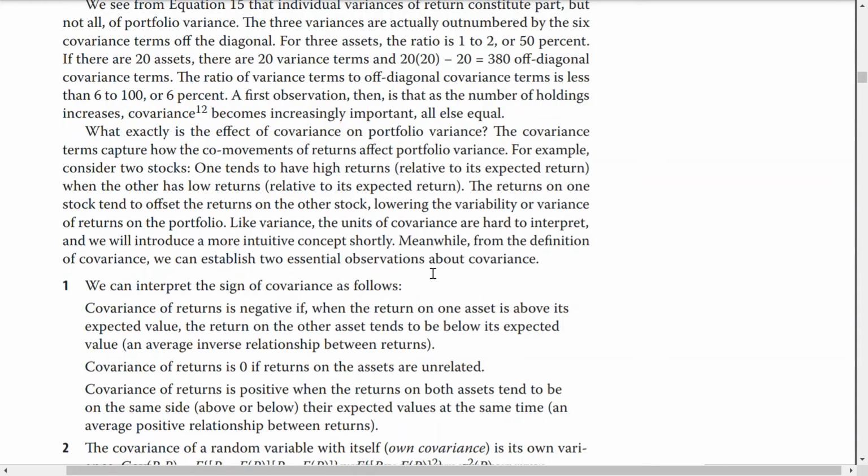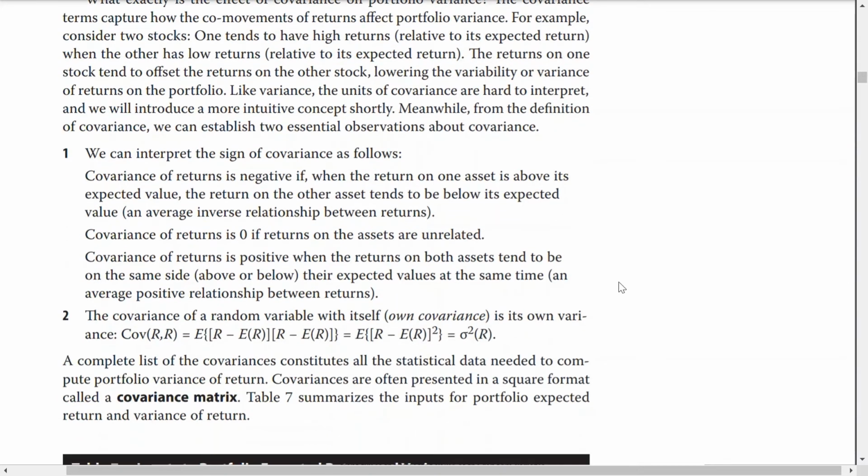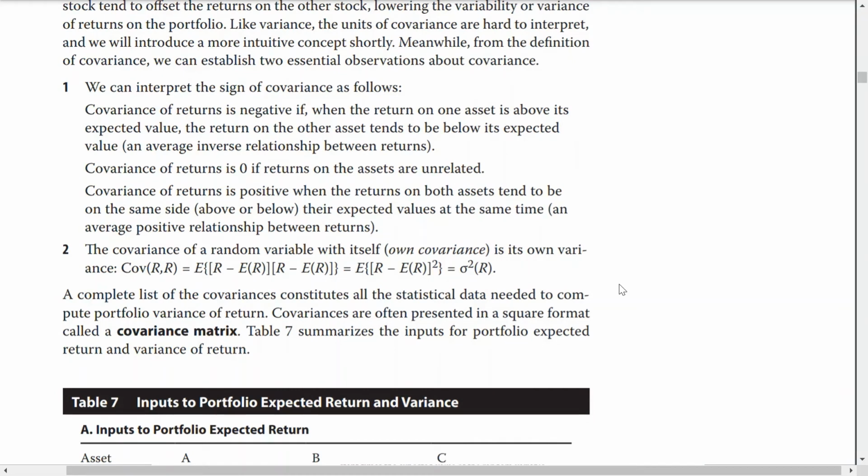Meanwhile, from the definition of covariance, we can establish 2 essential observations about covariance. This is basically a summary of this section. We can interpret the sign of covariance as follows. Covariance of returns is negative if, when the return on one asset is above its expected value, the return on the other asset tends to be below its expected value. An average inverse relationship between returns.